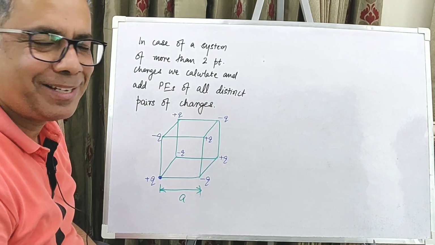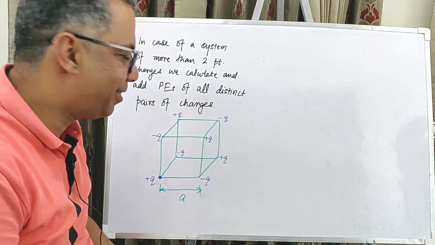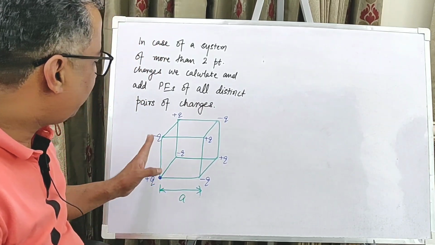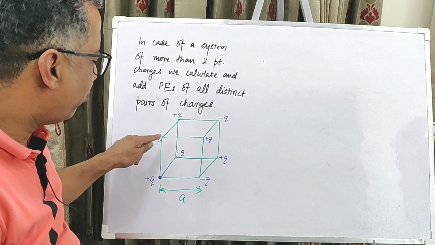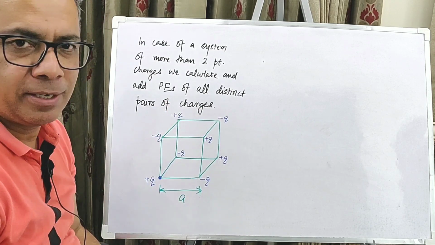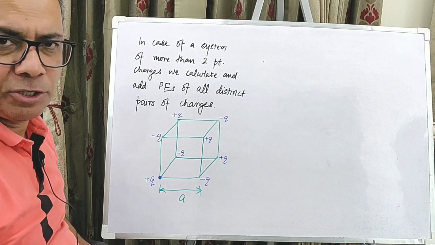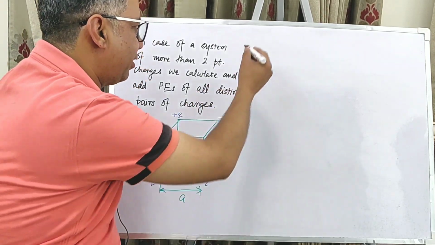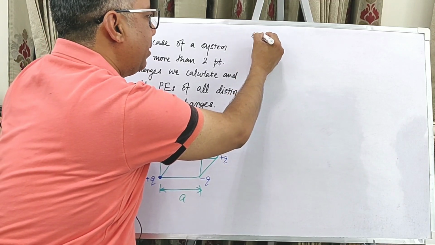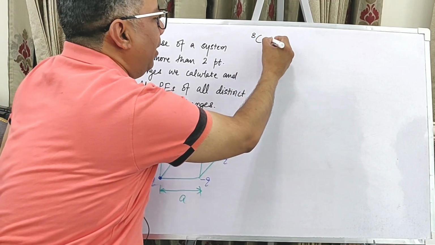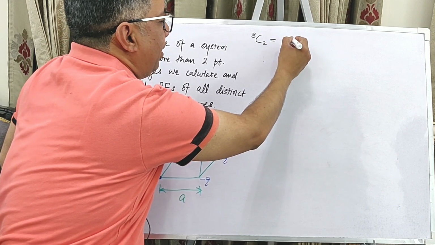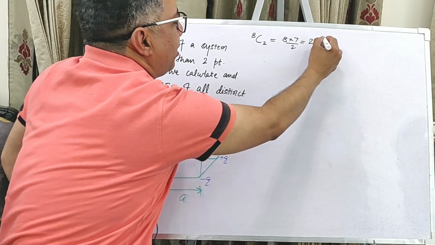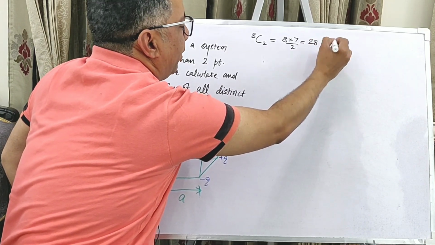Now, I'm sure you can probably start to visualize that this is kind of challenging because you have 1, 2, 3, 4, 5, 6, 7, 8 charges, and if you have 8 charges, then how many distinct pairs? 8 C2, and that should be 8 into 7 by 2, and that's 28 different pairs.